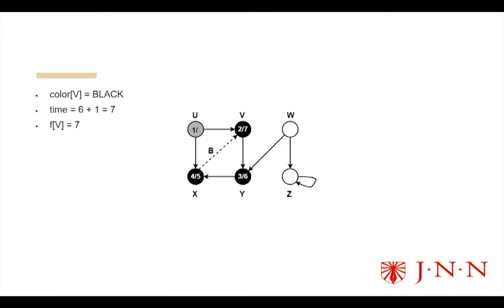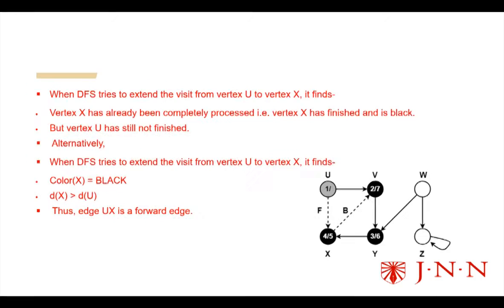So v, that back edge connected that vertex, it has also not visited any further new vertex. So that's why the final destination time has been incremented, 6 plus 1, 7, and stored in the vertex v. And depth first search tries to extend the visit from vertex u to vertex x.